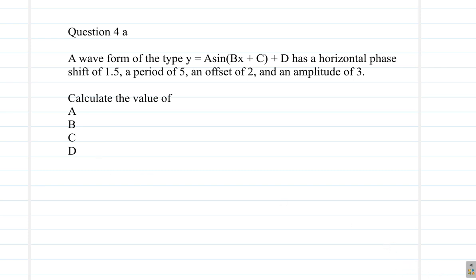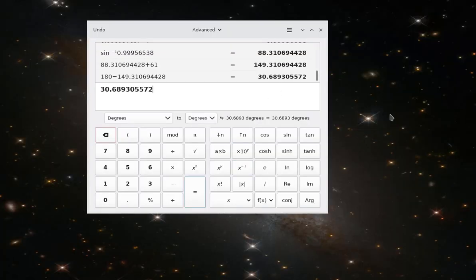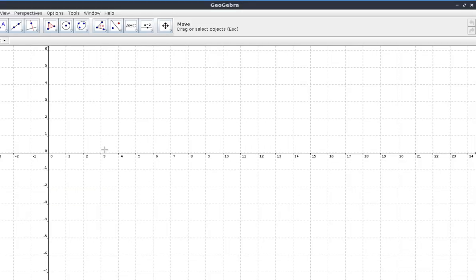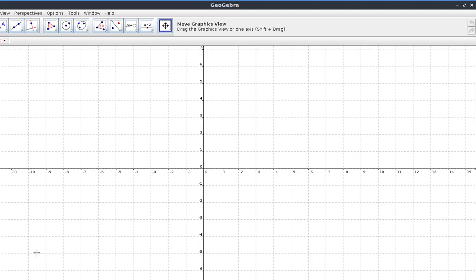Let's look at a graph plotter with GeoGebra. We're going to plot a sine wave and make some modifications. So this is y equals sine(x).